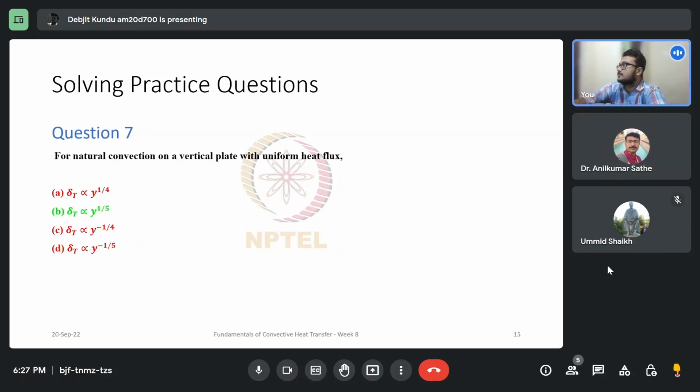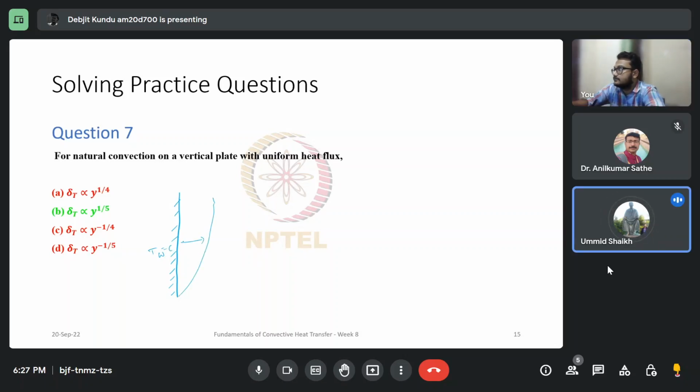Okay. So if we look at the answer, it is option B. Delta T is proportional to y to the power 1 by 5. The one case which was discussed widely in week 8 was natural convection on the vertical plate with uniform wall temperature, and in that case delta T was proportional to y to the power 1 by 4, we saw.